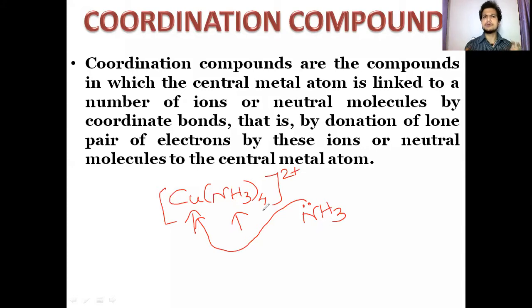So remember that in a coordination complex, the two important things are the metal and the group which donates electrons to the metal. The metal is usually electron deficient and can accept an electron pair, which we call Lewis acid, and the groups are the donors which have a lone pair or have negative charge, which can be donated to the central metal atom and form a coordinate covalent bond.